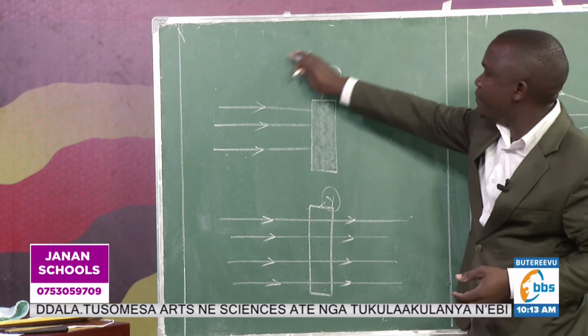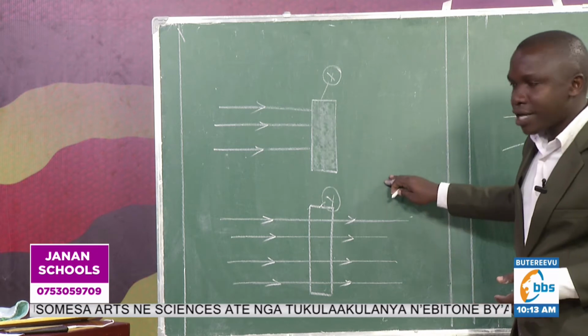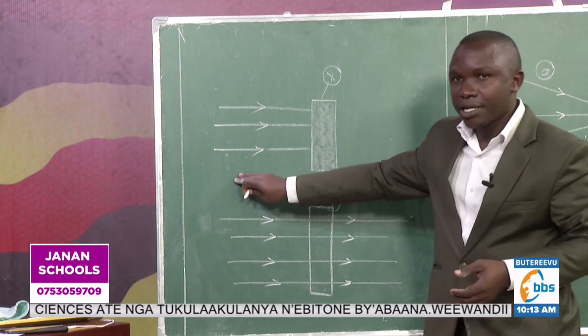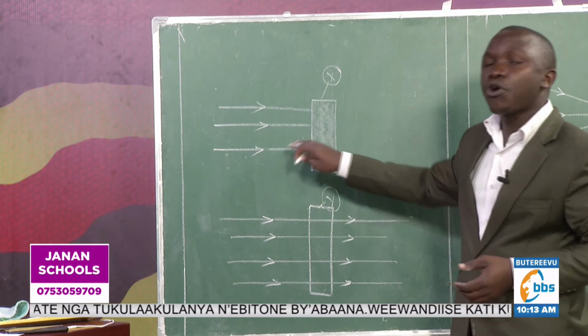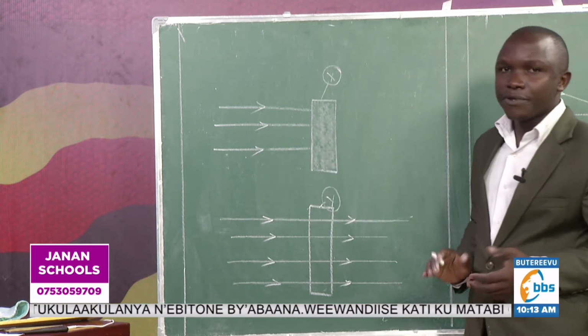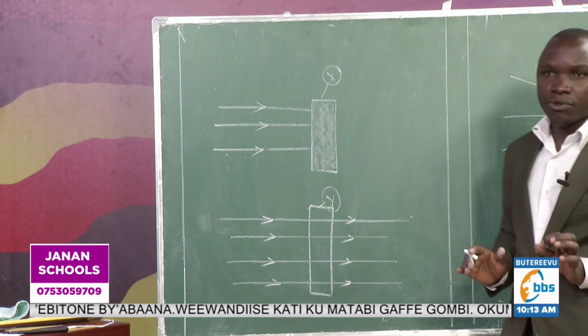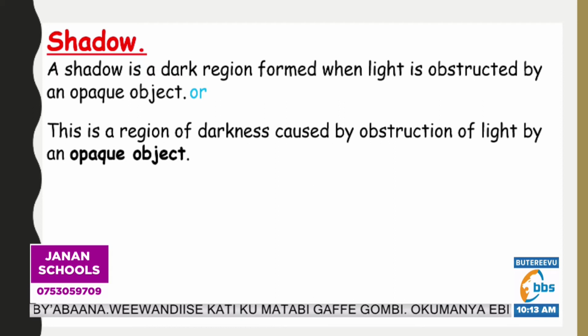If the source is up, the shadow will be on this side. And if the source of light is on this side, then the shadow will be on the other side. It depends on the position of the source of light. So a shadow is a dark region formed when light is obstructed by an opaque object.